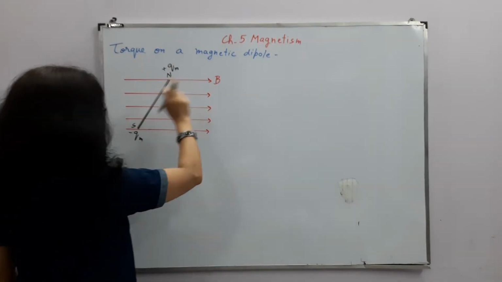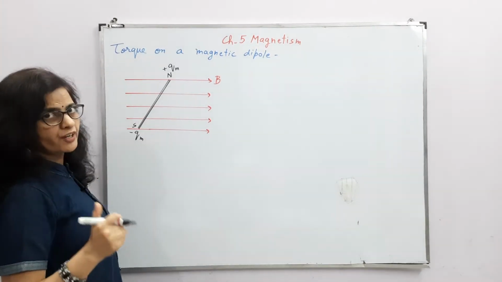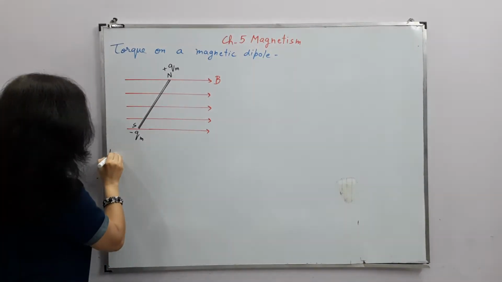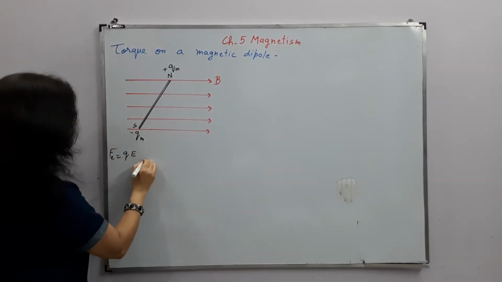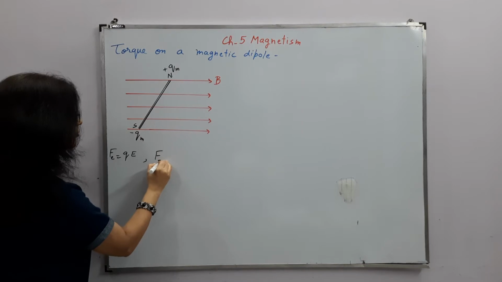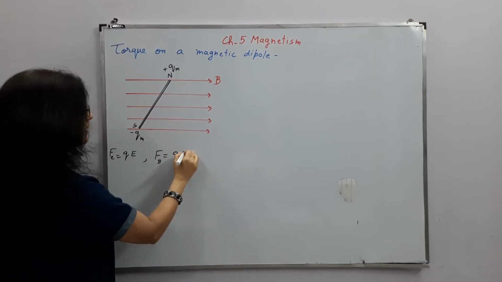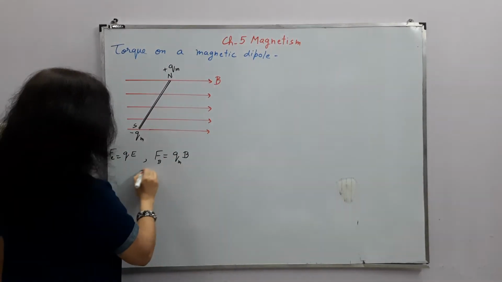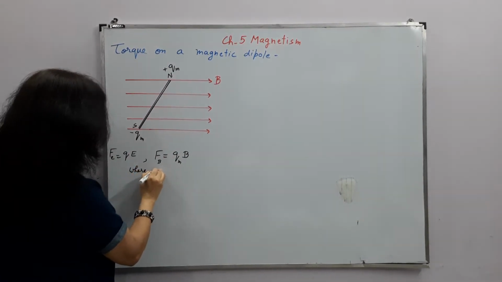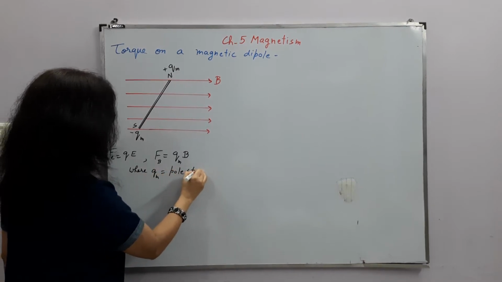Now this is the magnetic field direction. If we compare with the formula of electric force, we know that it is equal to Q into E. So for the magnetic force, pole strength multiplied by the magnetic field will give the force, where Qm is the pole strength.